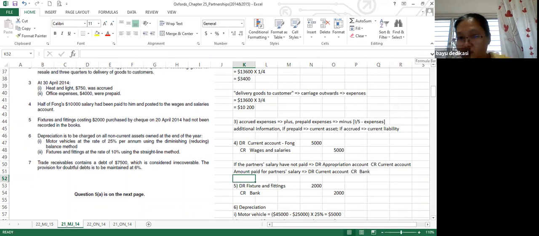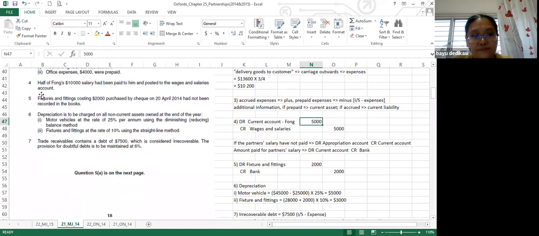So this is the amount we should pay, but we accidentally put it into the wages and salary. So that's why these wages and salary have to reverse 5,000 and put into the current account, Fong's account. So this is the adjustment we need to make.